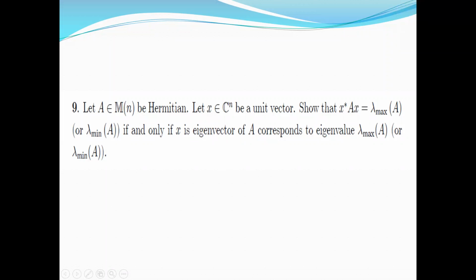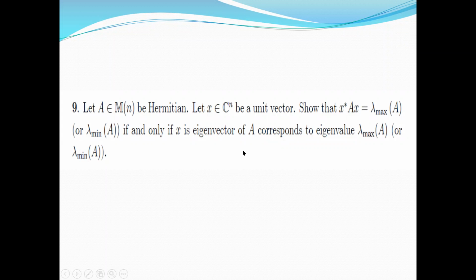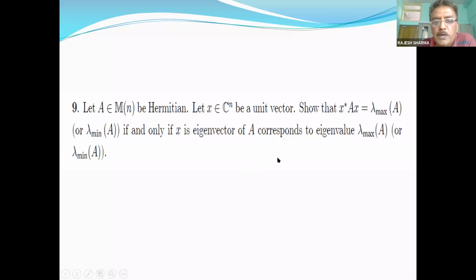This implies that x is an eigenvector for lambda max A. No, from one side it is okay. If AX is equal to lambda x, we can take X to be a unit eigenvector. AX is equal to lambda x, then X star AX is equal to lambda X star x. So X star AX is equal to lambda. This is okay from one side.